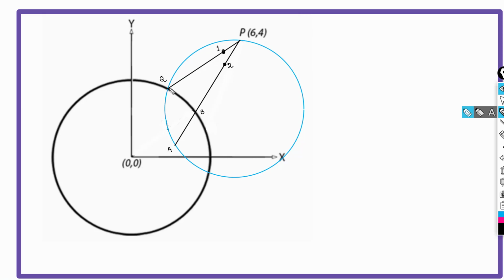So now you can understand that in order to have this minimum time achieved, this Q point should be at the contact point of this blue circle and the black circle. So I think it will be more clear in the next diagram.